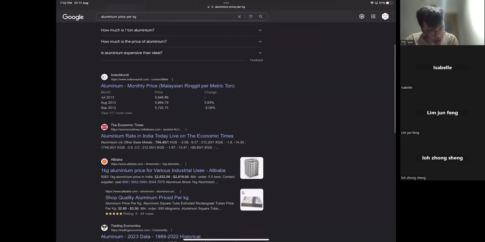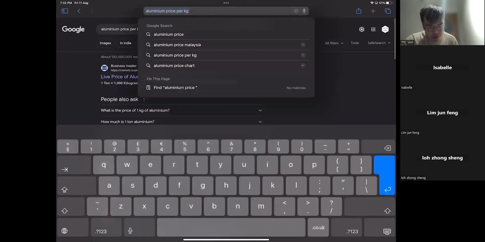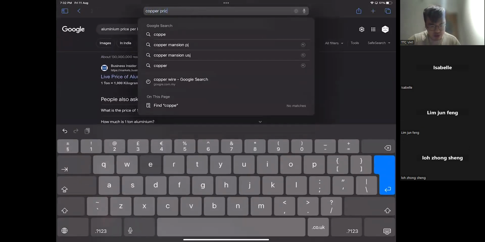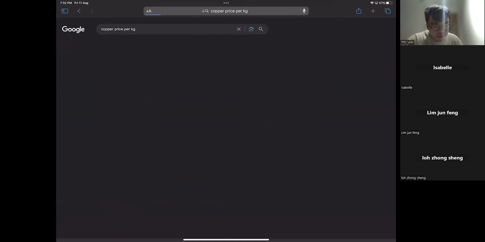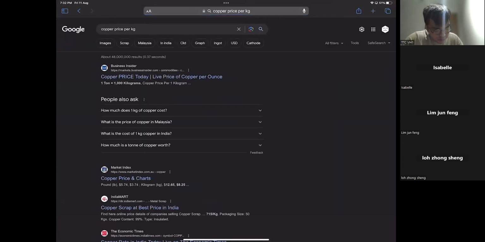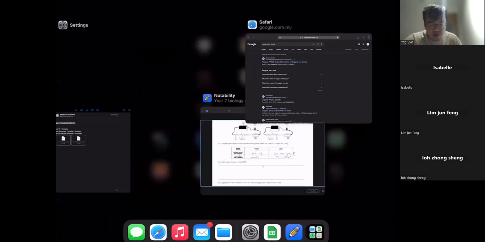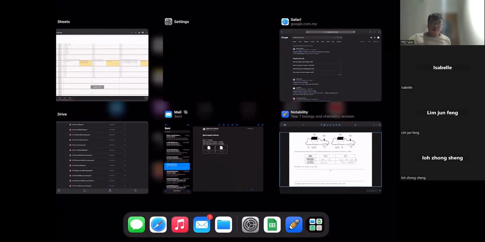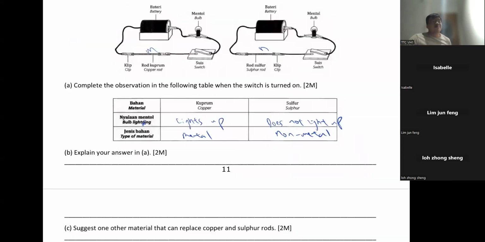Okay, okay. What about copper? Copper price per kg. Okay, looks like it's cheaper. I don't know. Okay, but usually we'll stick to copper lah. Pylons I'm not sure, but usually housing we will stick to copper. Okay, we have aluminum in the kitchen, but okay.